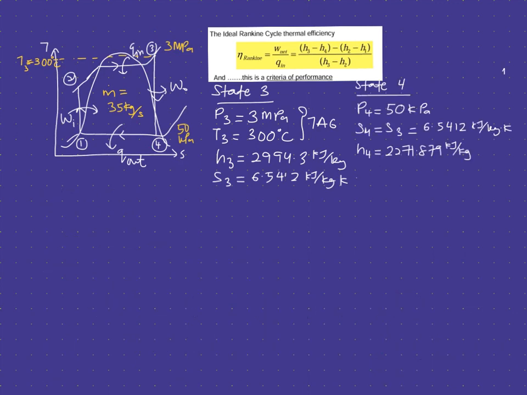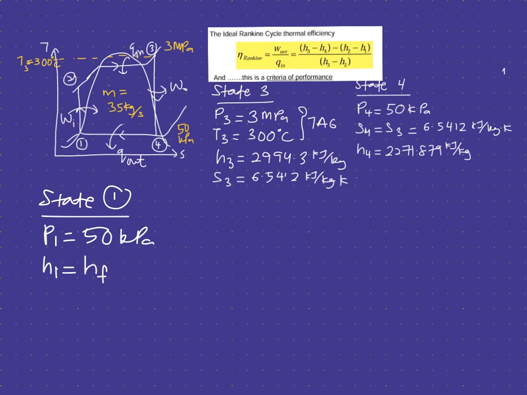Now we continue to look for your state 1, where pressure at 1 is equal to pressure at 4, which is 50 kilopascal, and your H1 is actually equal to your HF at 50 kilopascal. Why? This is because this is your pump.